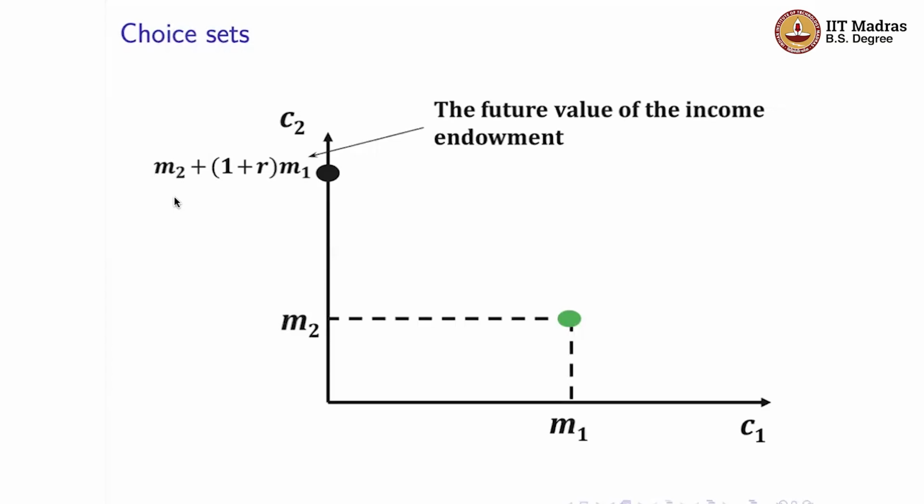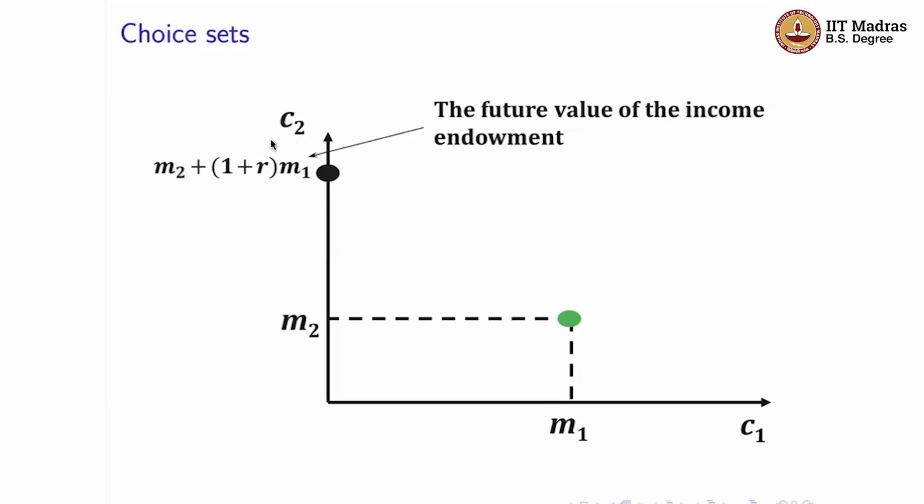Just one piece of notation: think of M1 as income in the current period and M2 as income in the future period. That's one potential confusion, since we have been using 0 and 1. Here the current period is period 1 and the future period is period 2. In that way, this is the future value of the income endowment M1, M2 in period 2.